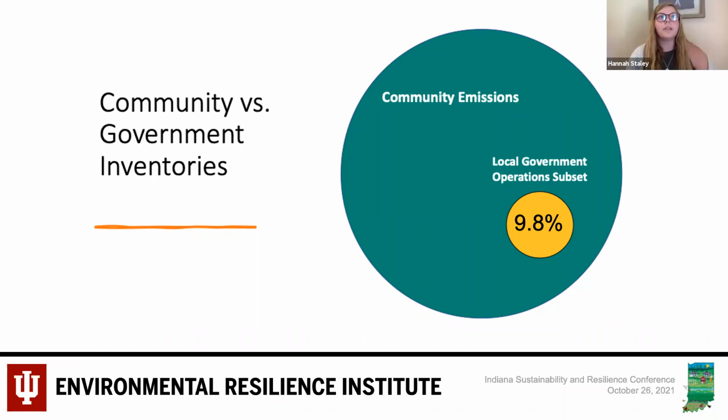And I personally think it was one of the best things that they decided to do, because we figured out that about 10% of the community emissions came from local government operations, which may seem like a small amount, but that can make a huge difference, especially when the community was emitting over 400,000 metric tons. So reducing even that 10% is going to make a huge difference. Okay, next.